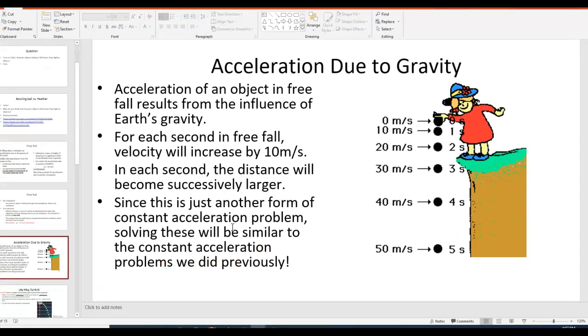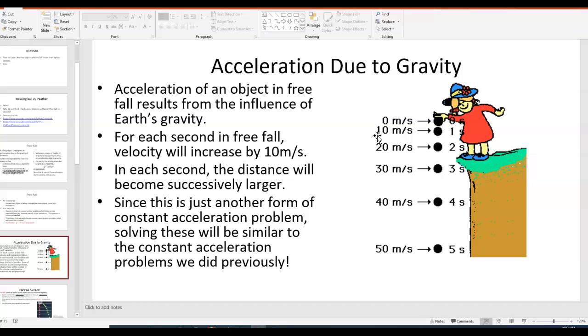Now, if you're a visual person and you want to visualize what that negative 10 meters per second squared means, this is basically an example. So let's say there's a girl on a cliff, she drops a ball. At 0 seconds, that means right when she drops the ball, it is at rest, and it has a velocity of 0 meters per second. She drops the ball, and 1 second later, the velocity is now 10 meters per second.